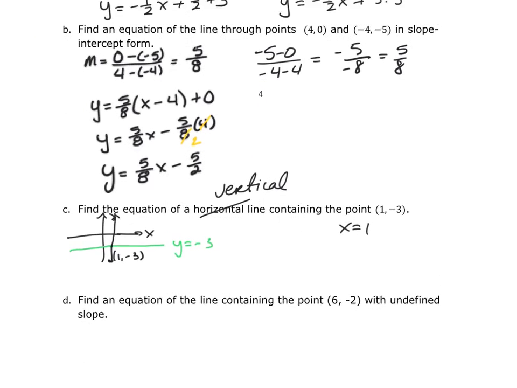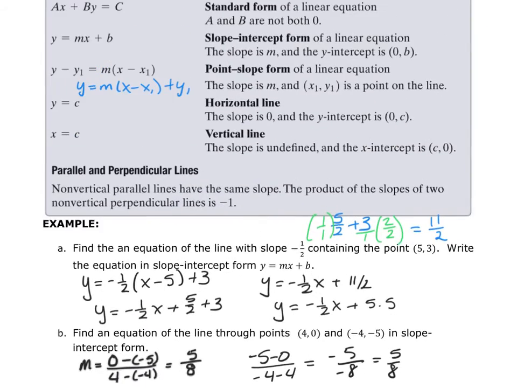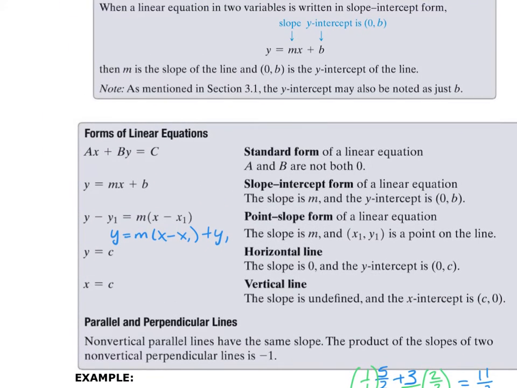Let's go ahead and move on if there's no questions. Yes, so the question is, when I'm looking for horizontal lines, I can use these right here, where C doesn't matter what the point is; C is the point's x or y value. If I have the ordered pair 3, C, whatever that C is is what the horizontal line would be.